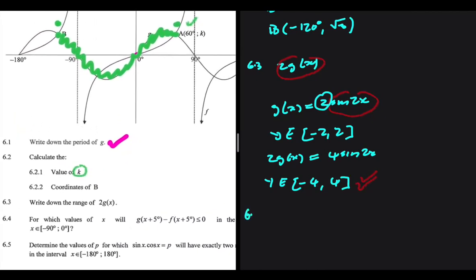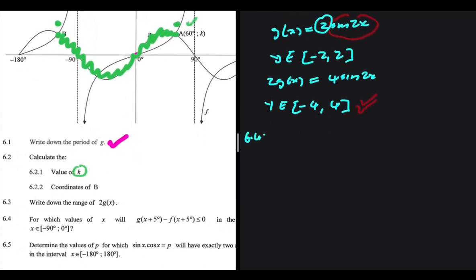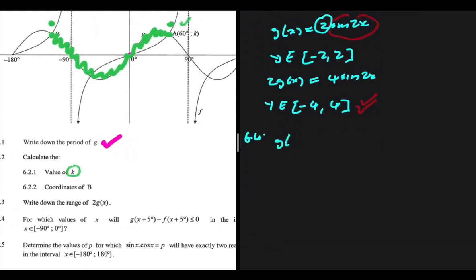Right, 6.4. For which values of x will g of x plus 5 minus f of x plus 5 be less than or equal to 0? So we have x plus 5 and x plus 5. But before we can determine that, let's instead determine g of x minus f of x being less than or equal to 0.